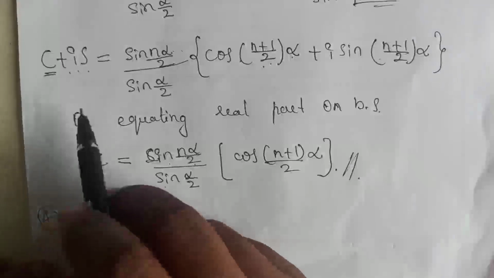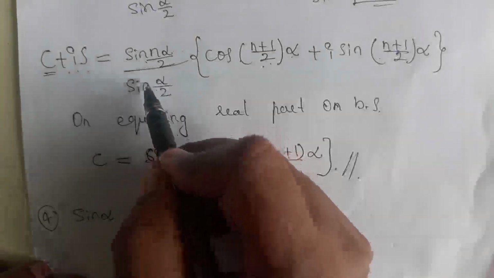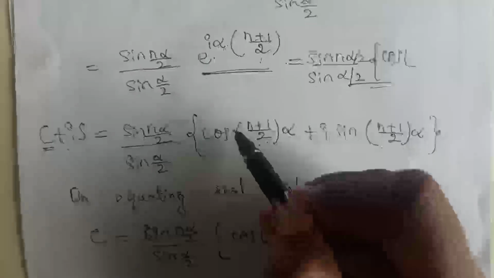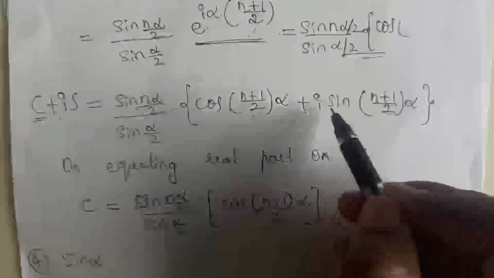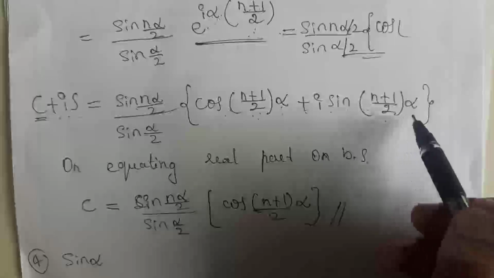So further simplifying, this equals sin n alpha divided by 2 whole divided by sin alpha divided by 2. On expressing e raised to i alpha into n plus 1 divided by 2 in terms of cos theta plus i sin theta, we get cos of n plus 1 divided by 2 alpha plus i sin of n plus 1 divided by 2 alpha.